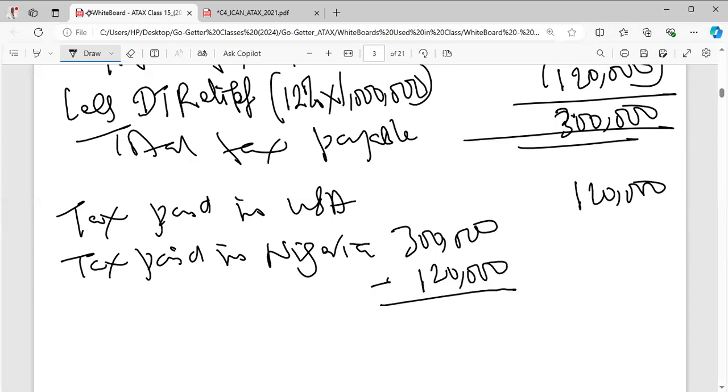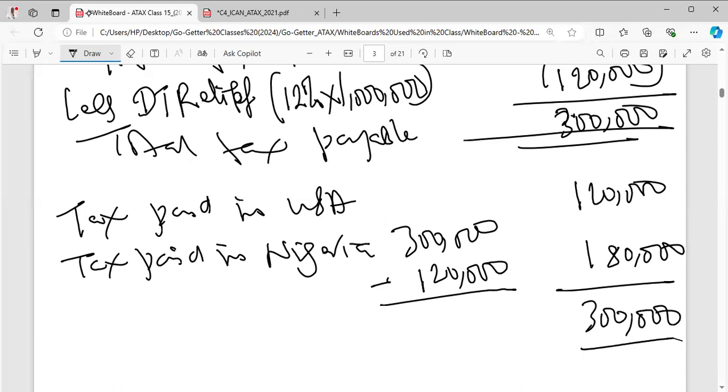So that should give us, sorry, 180. So he's going to be paying 180 in Nigeria. So if you add the two, what he has paid in US and what is now remitted to Nigeria is going to give us 300,000.